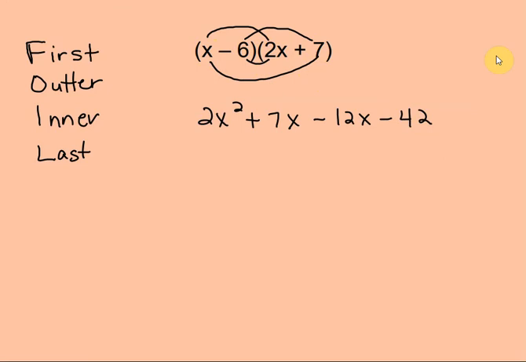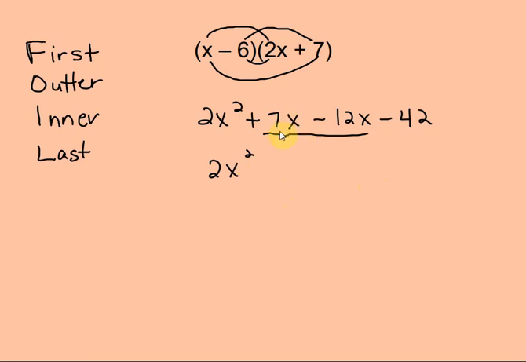But we're not done. I can see that in the middle, we have two like terms. So anytime we have like terms, we need to make sure that we combine them if we're told to simplify. And again, we want to write our answer in descending order according to the exponents. So that means the biggest exponent, the x squared, that term needs to go first. So we have 2x squared.